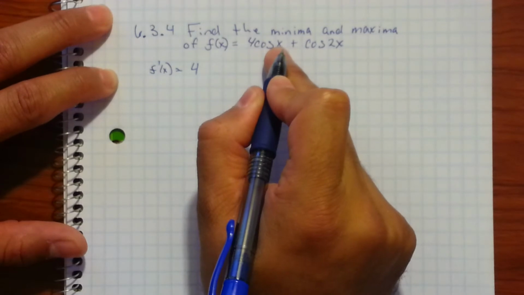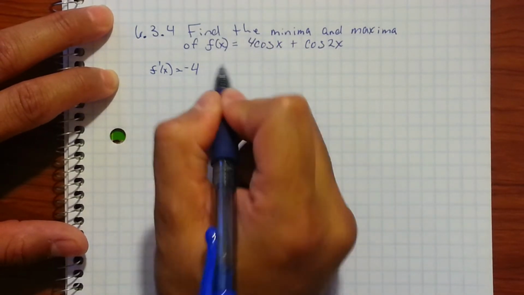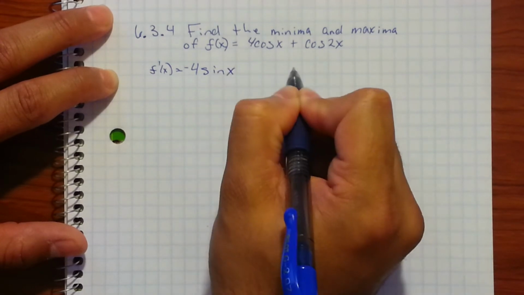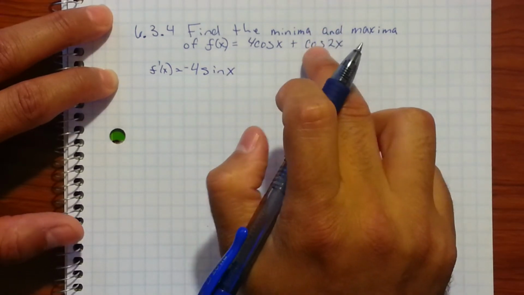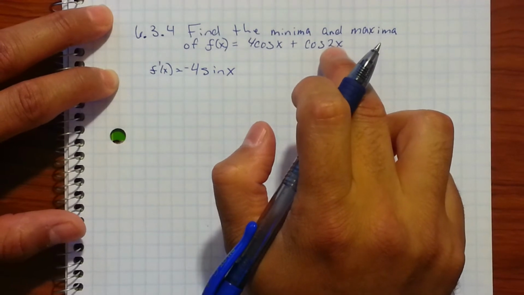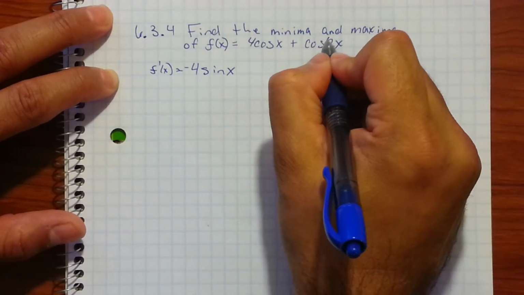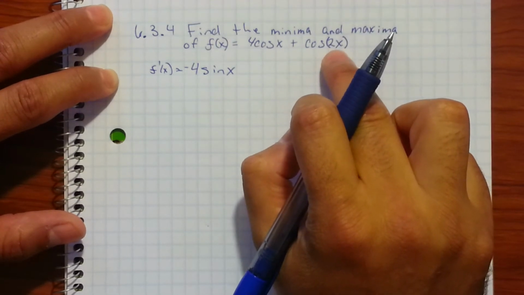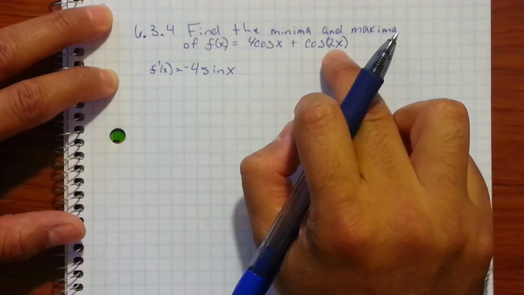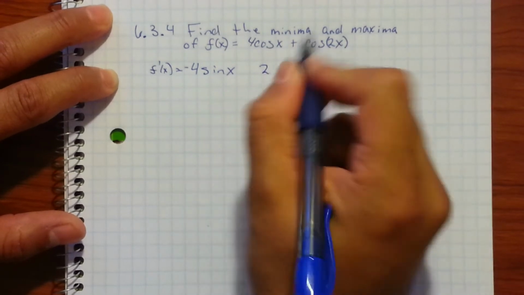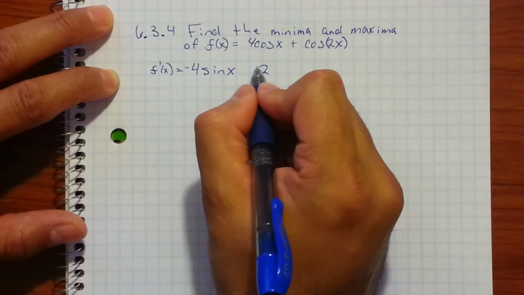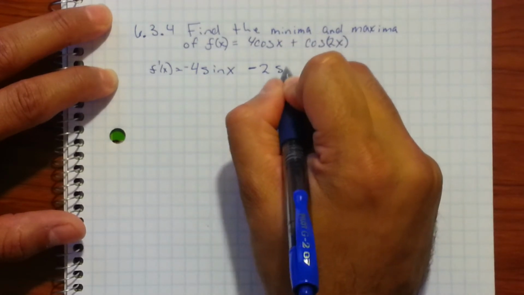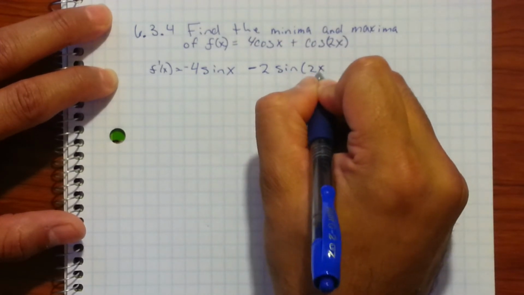Now derivative of cosine is negative sine, so that's a negative 4 sine of x. Now again right here, derivative of the inside of all of this, I'll put parentheses around this to make it a little bit clearer. So the derivative of 2x is just going to be 2. So I'm going to have a 2 there. And the derivative of cosine is negative sine, so that makes it a minus 2 sine of 2x.